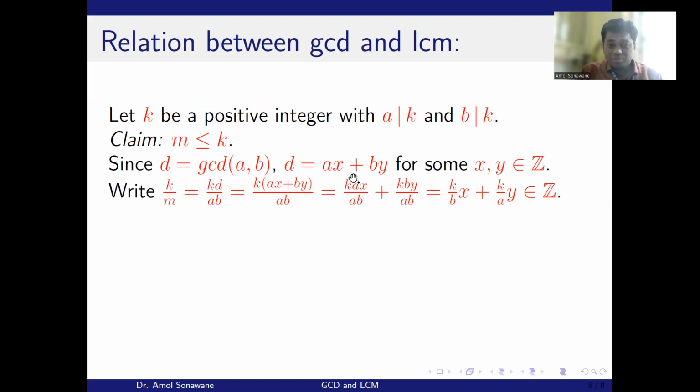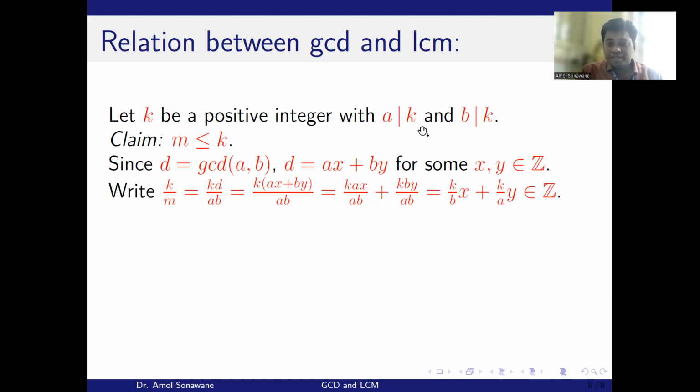Now we can see that from the first term a cancels and remains kx by b, and from the second term b cancels and remains ky by a. Note that b divides k, therefore k by b is an integer, so k by b into x is an integer.